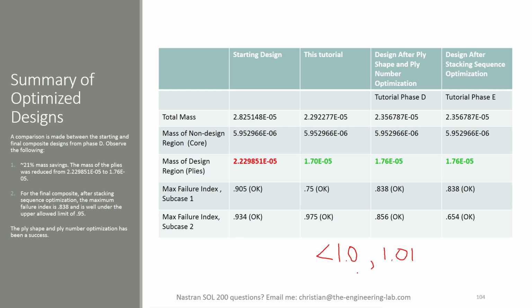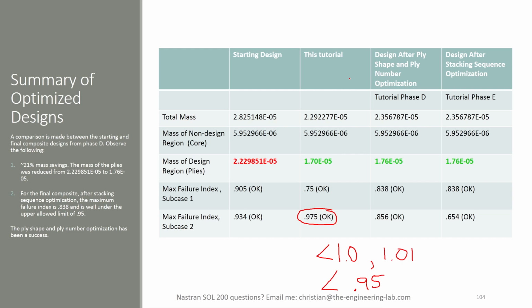Maybe we don't want that. So one strategy is to use a new bound that's far away from the actual bound we want. During this exercise, that's what we did. We used a reduced bound of 0.95, and here it paid off because even though we eliminated some of the plies, we're still less than 1.0 as you see here on the screen.